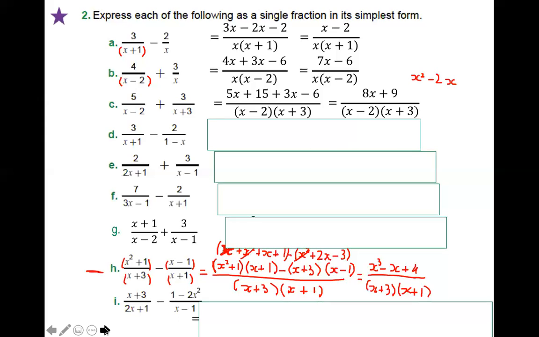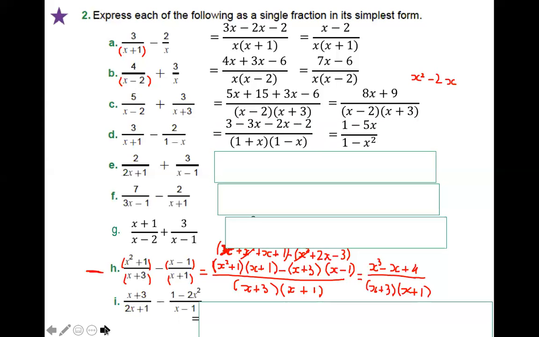The next one, because you've got a difference of two squares here, 1 plus x, 1 minus x, then you can write them as 1 minus x squared. Difference of two squares is seen in the simplest form, 1 minus x squared. And at the top, you get 3 times 1 minus x, which is 3 minus 3x, negative 2 times x plus 1, which is negative 2x, negative 2.